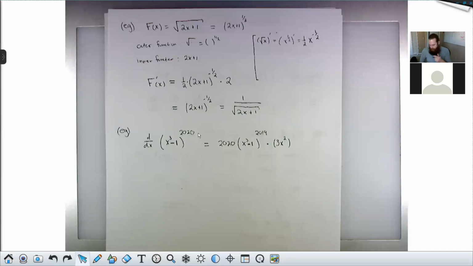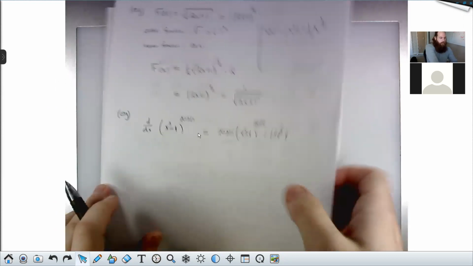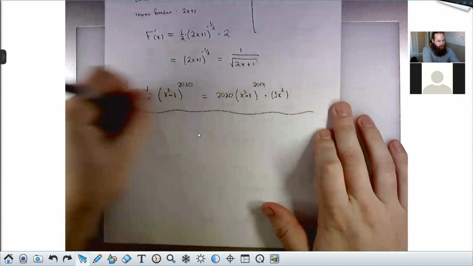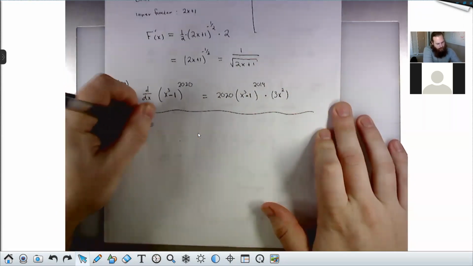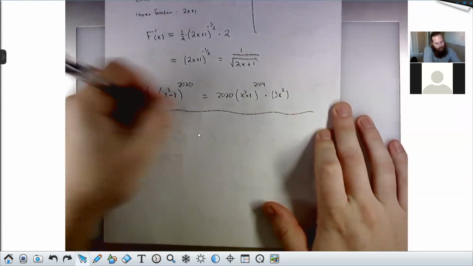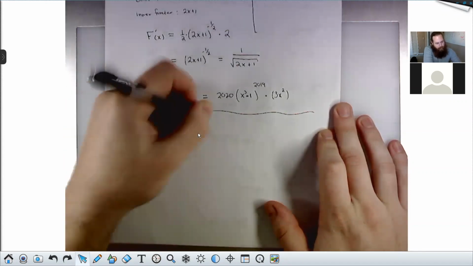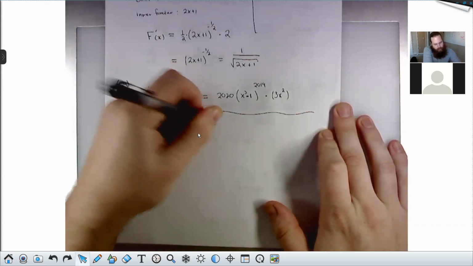Okay. So we've got a bunch of fun little examples there using the chain rule. We're ready for an important example. So let me remind you of something. We know that the derivative of e to the x is e to the x.